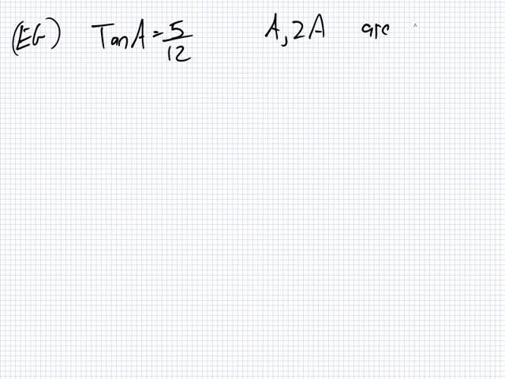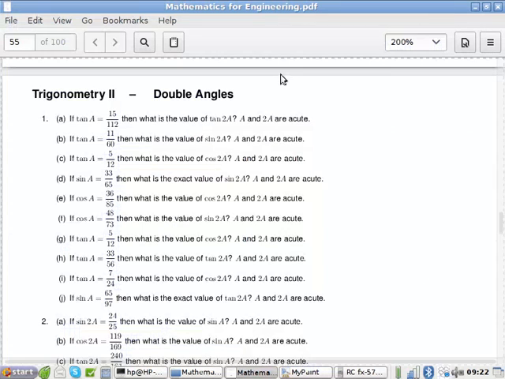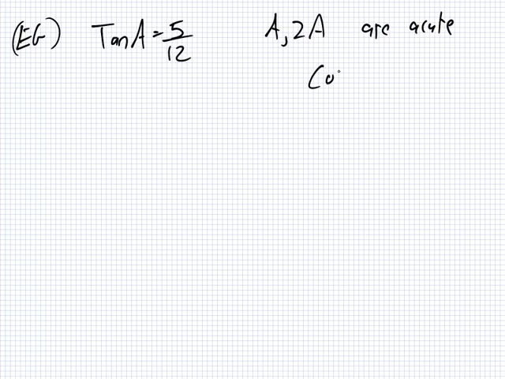So here's the information. Tan A equals 5 over 12. A and 2A are acute. And what am I looking for? I want to find cos 2A as an example.